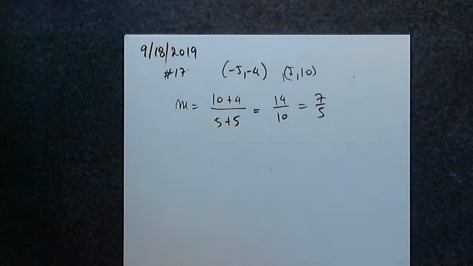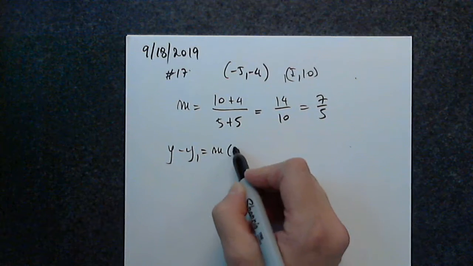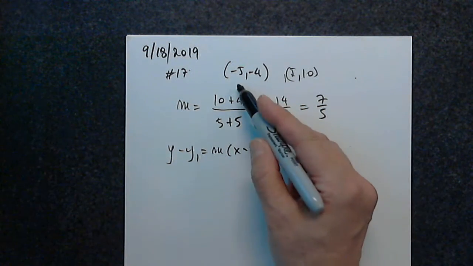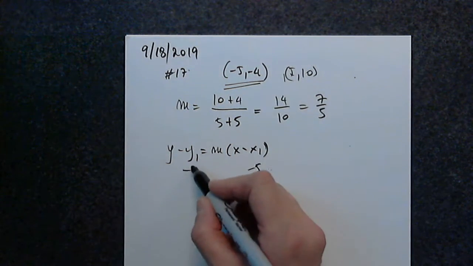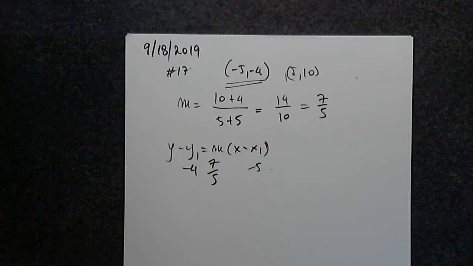Are we given the y-intercept? No, excellent. So then I have y minus y1 equals the slope times x minus x1. It doesn't matter which point I use. I choose the first one, -5, -4, and 7/5. If you choose the second one, of course, you will get the same answer.